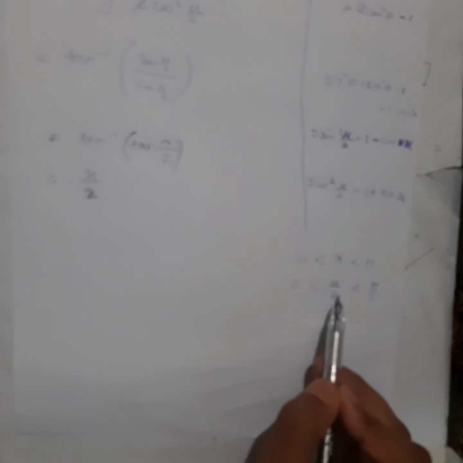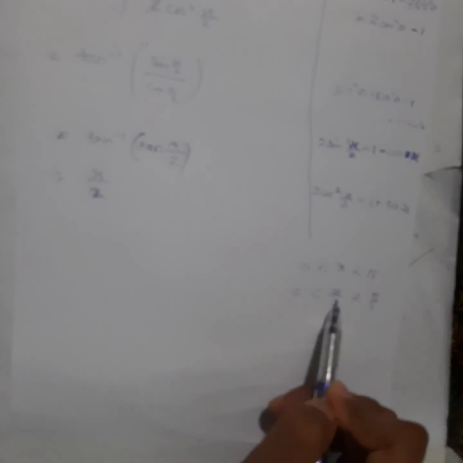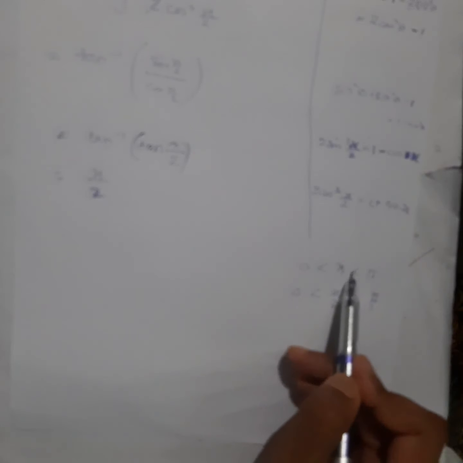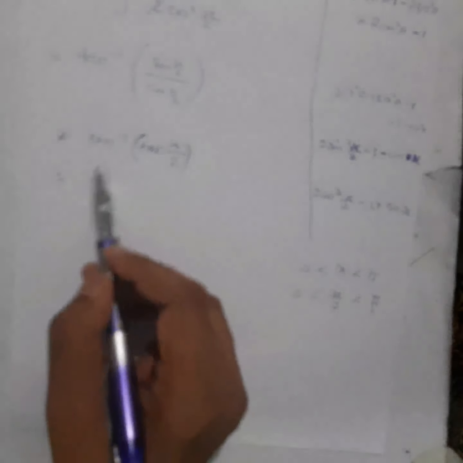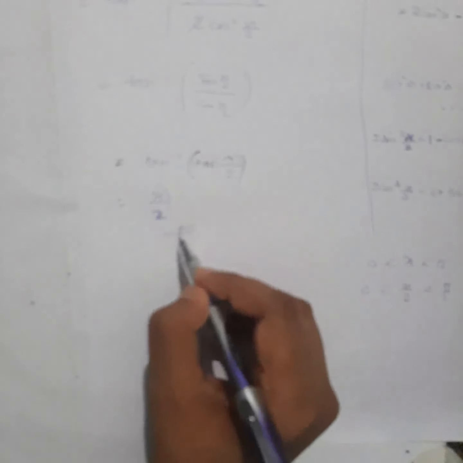So you can see x by 2 lies between 0 and pi by 2. So obviously it will lie between 0 to pi. This is 180 degrees, this is 90 degrees. x by 2 is less than 90 degrees and greater than 0. And here it says x must lie between 0 to pi. So obviously this also will lie within this range. So anyway, you don't have to check that one.